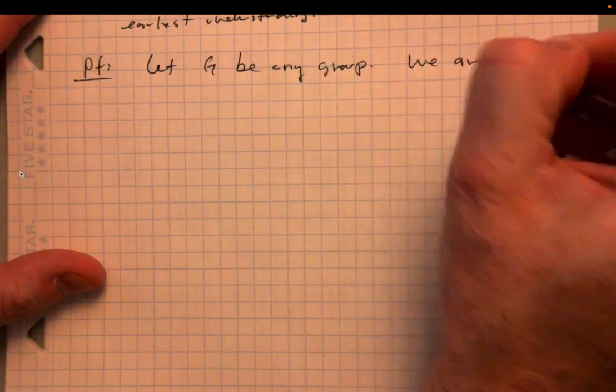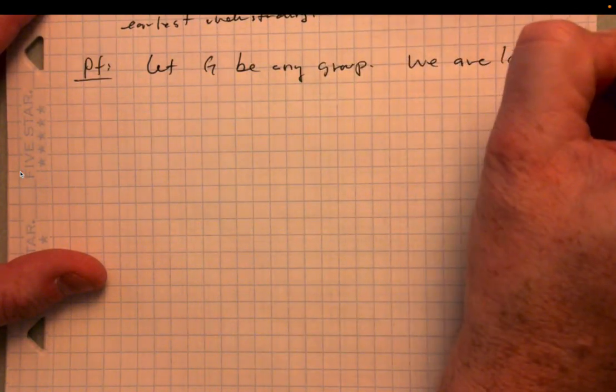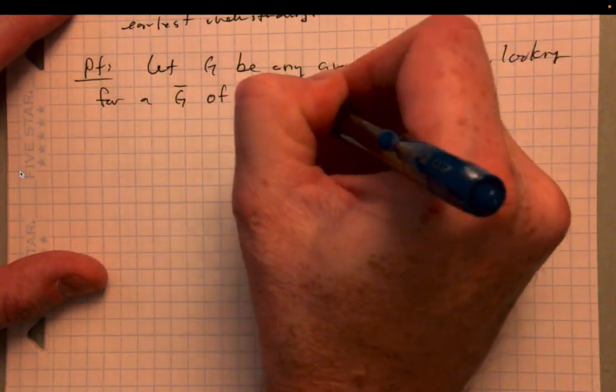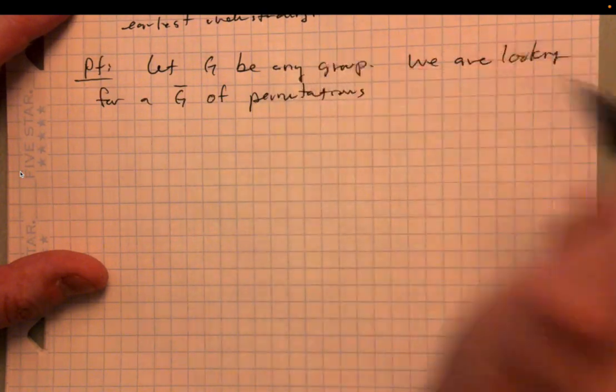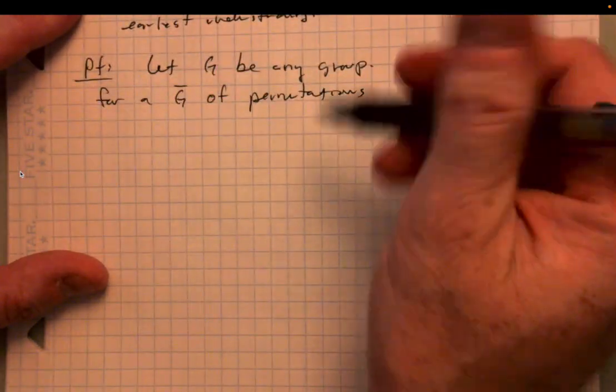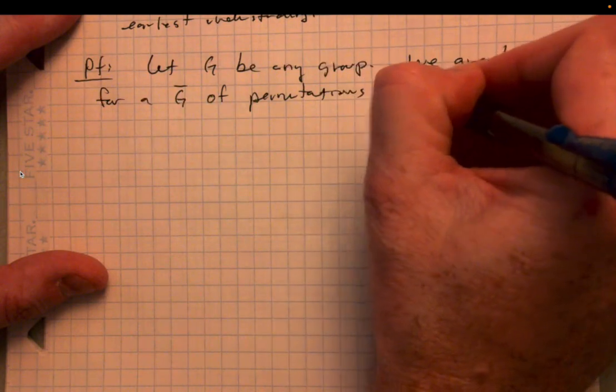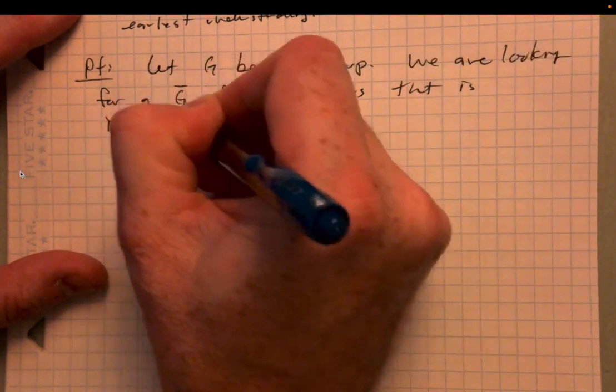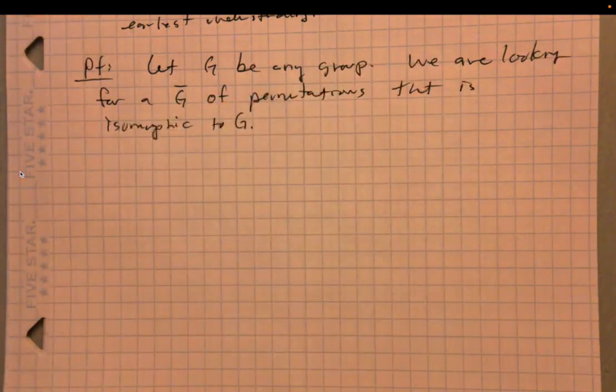So we're going to let G be any group, and what we're looking for is a G bar of permutations specifically. We're looking for a permutation group that's isomorphic to G. That's what we need to find.